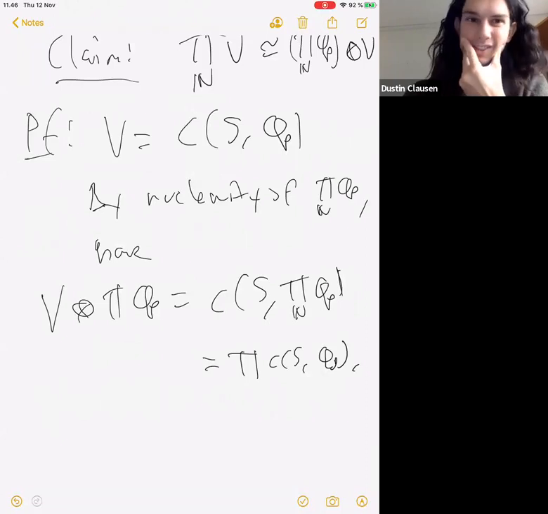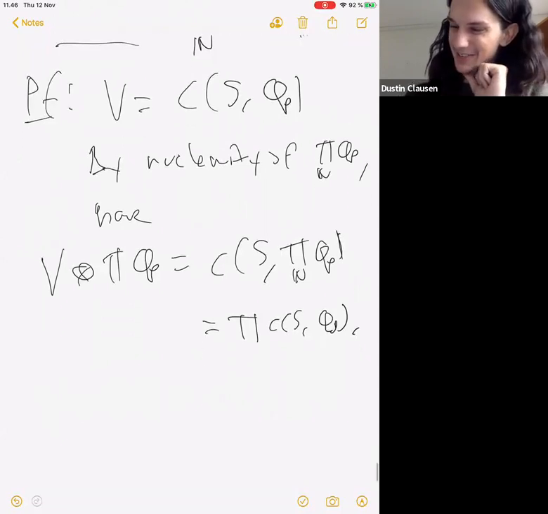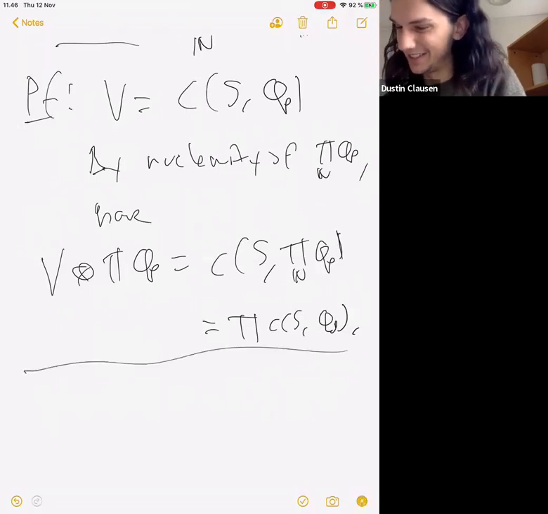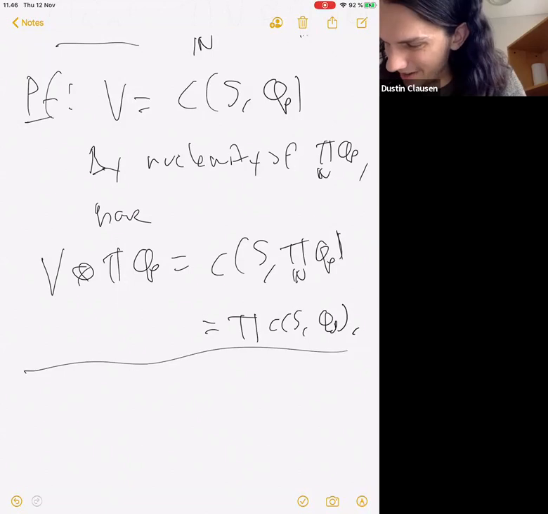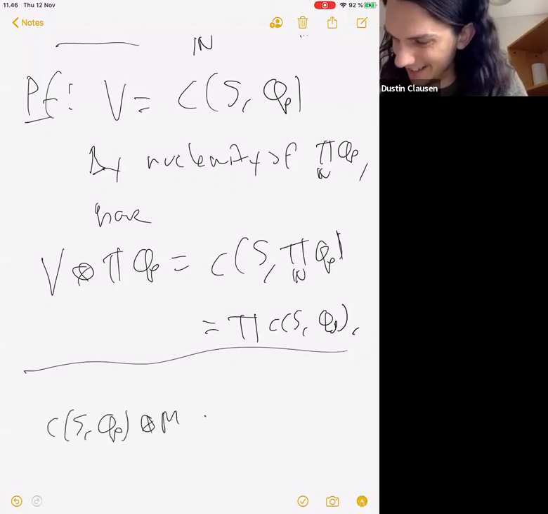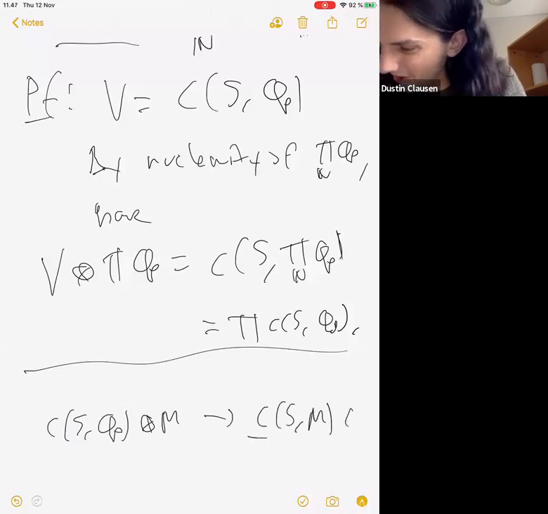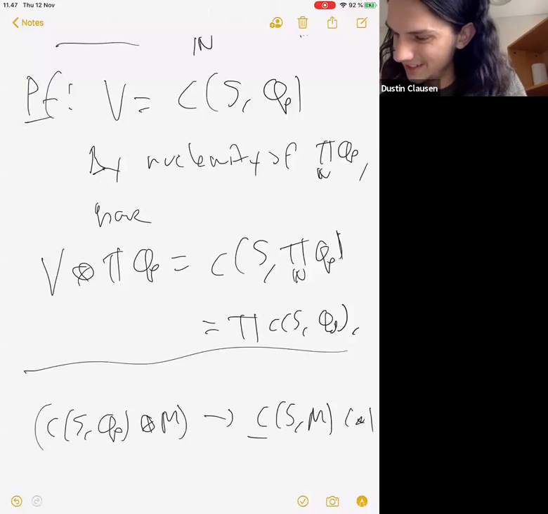Oh, careful. You use that the internal and the external definition of nuclearity agree. Yes, I forgot to make that one comment. Yes, sorry, I should make that remark. So in nuclearity, we only required C(S, Qp) tensor M to be the same thing as C(S, M) on the point.